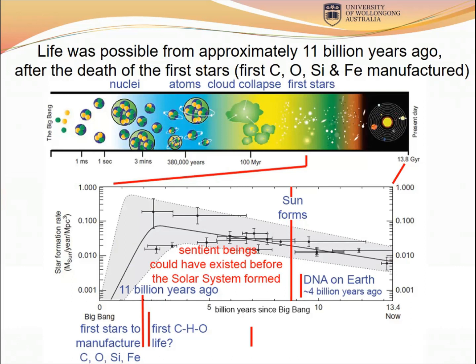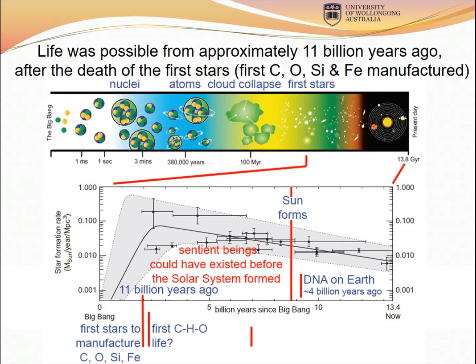When you come back and look at our own planet, the Sun formed 4.56 billion years ago, and as we'll see, there's certainly good evidence from computational genetics that there was already DNA on Earth about 4 billion years ago. So that gives you some idea of how long it takes to go from DNA to sentient life.